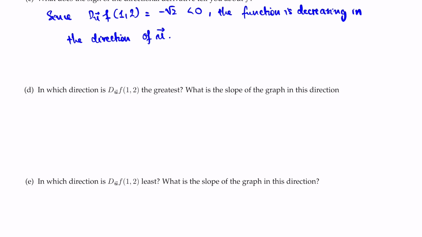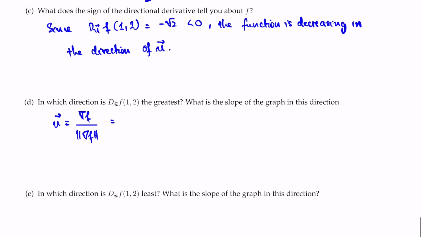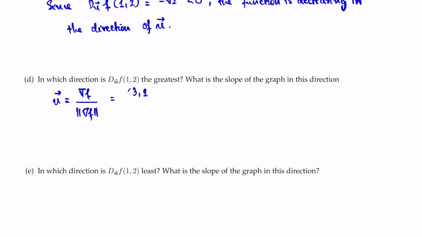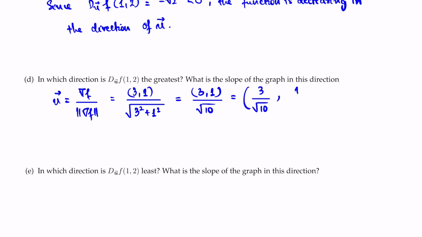So here, u is equal to the gradient vector divided by the magnitude of the gradient vector. The gradient vector is equal to (3, 1), divided by the magnitude of the gradient vector, which is the square root of 3 squared plus 1 squared, or (3, 1) divided by square root of 10. Well, you have this vector to be (3 over square root of 10, 1 over root 10).